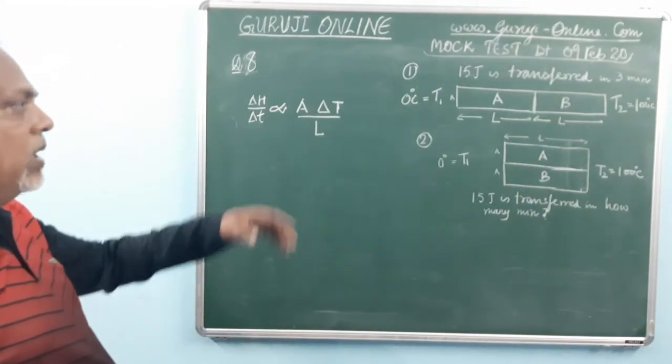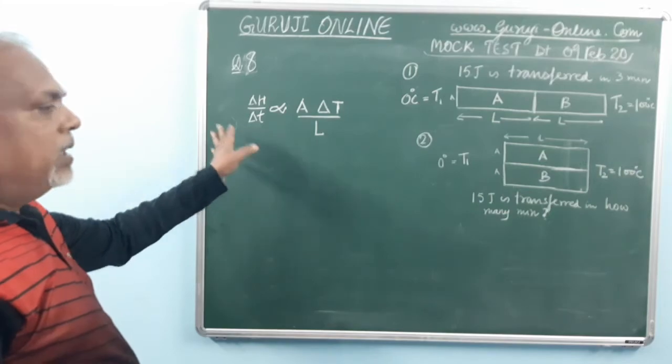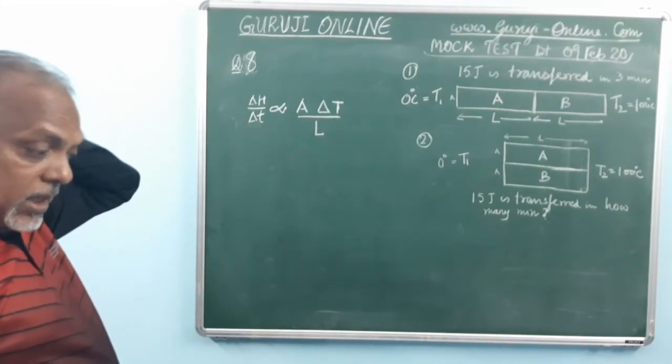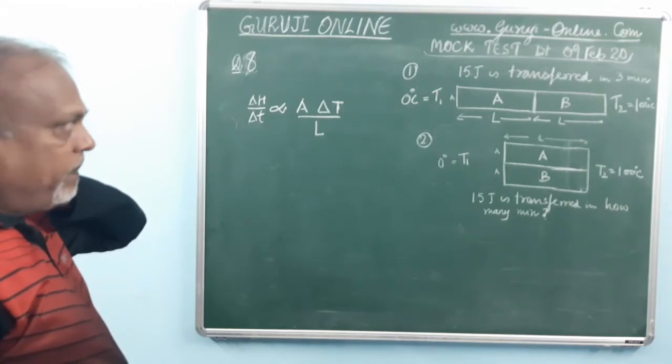And this is how that formula H is equal to K A delta T upon L has come, transfer of energy due to conduction.